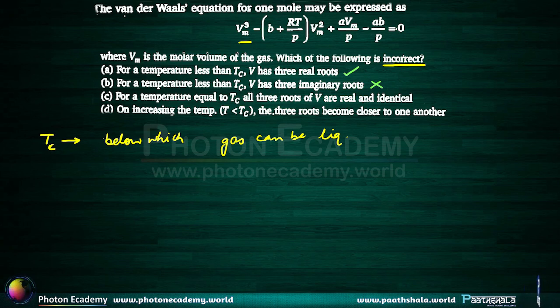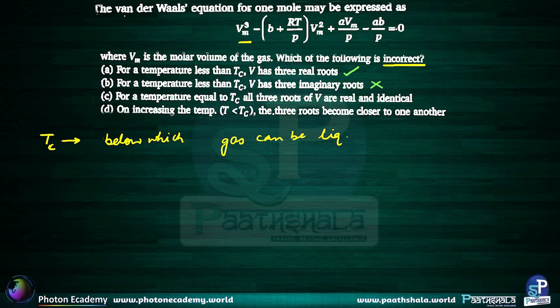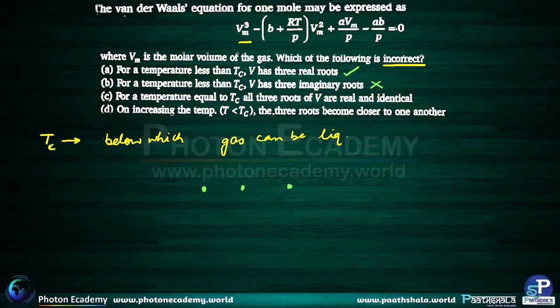For a temperature equal to Tc, all 3 roots of V are real and identical. This is very much correct. Why? Because the 3 roots of V would correspond to the same phase, because at critical temperature there is hardly any difference between the densities and volumes occupied by the liquid and the vapor state, right?